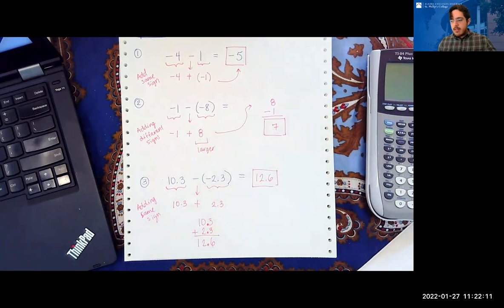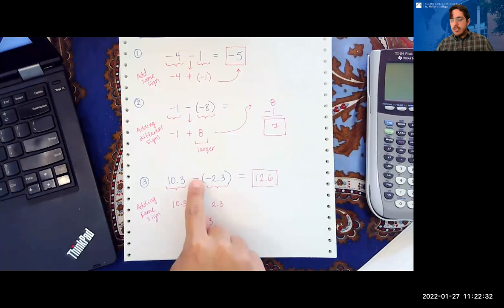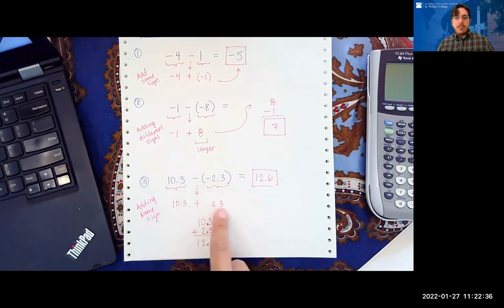For some odd reason I thought when you swap it around, that problem would be a negative. No. When you keep, change, change, you just change the problem: keep this the same, change to addition, change the sign here, and then you're just worrying about your addition rules.